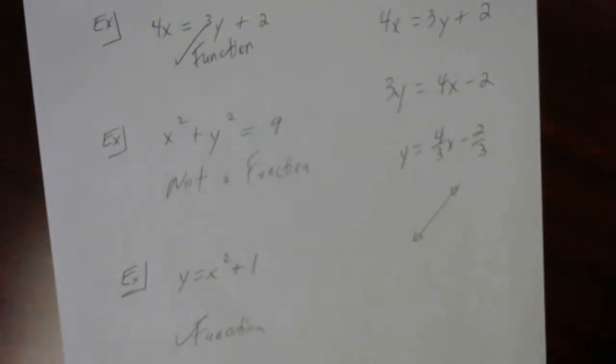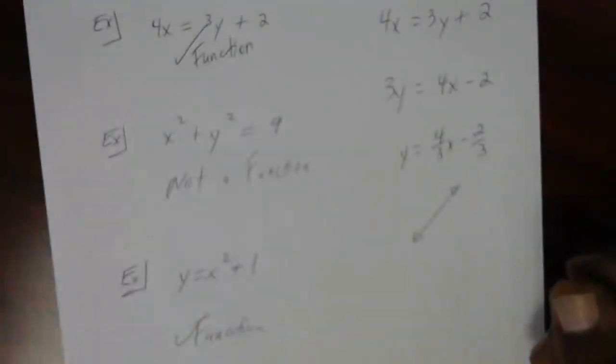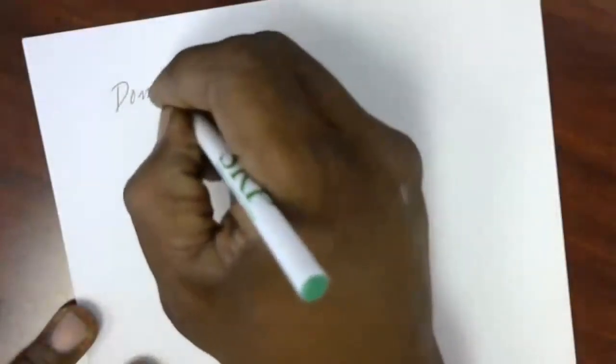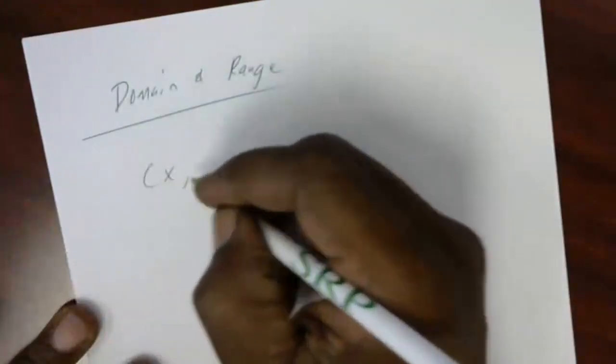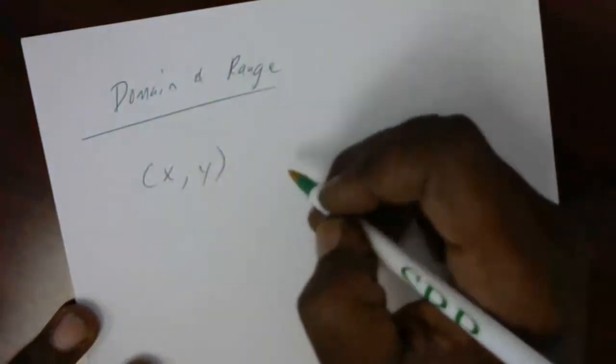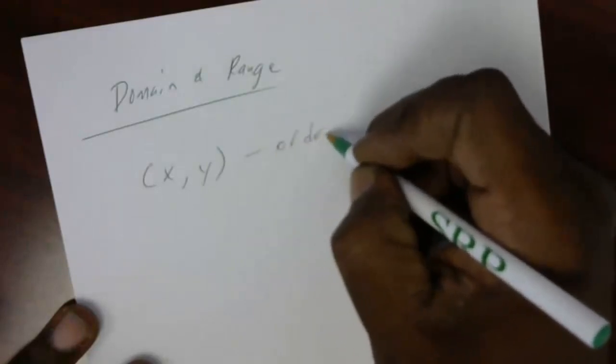So now we will get into this domain and range concept a little further. We have an ordered pair which is in an x comma y format.